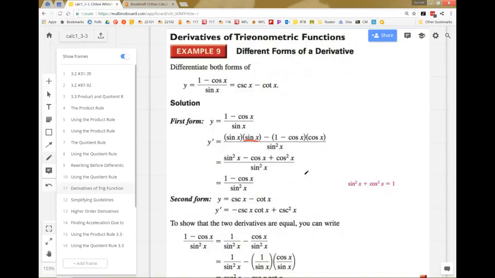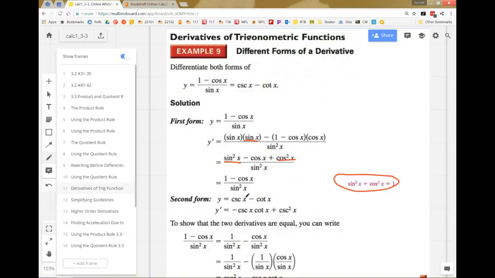When we multiply out, sine times sine is sine squared, and multiplying this out, you get minus the cosine plus the cosine squared. And you notice again we have this identity, that sine squared plus cosine squared is 1.